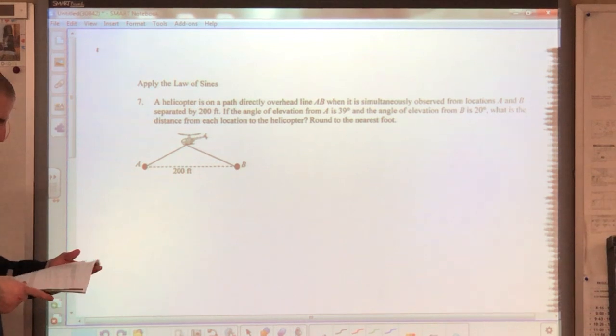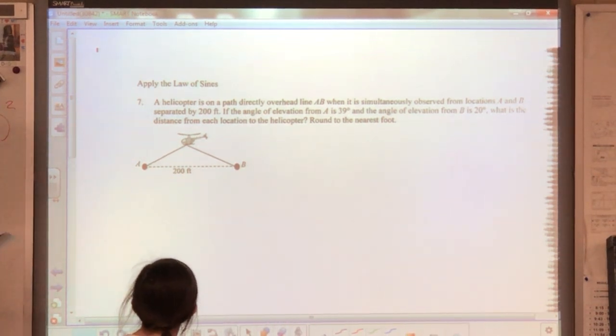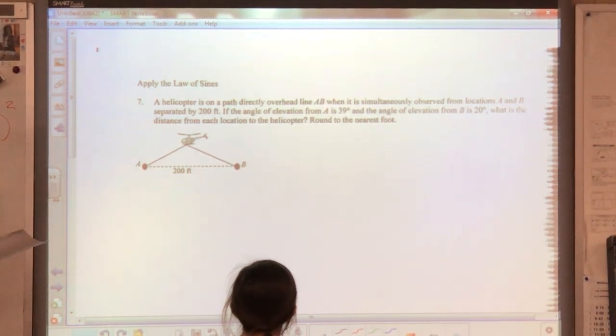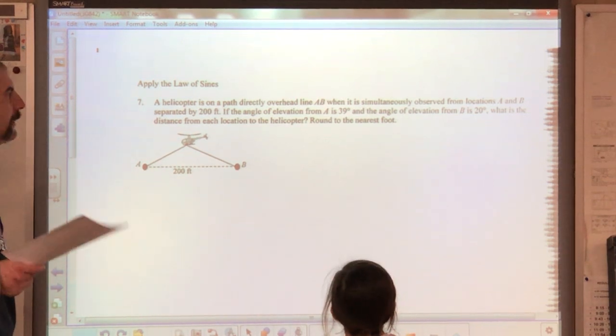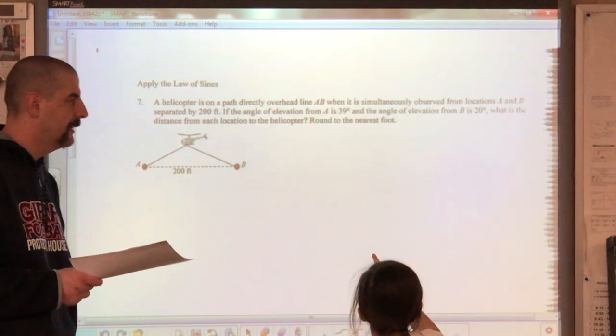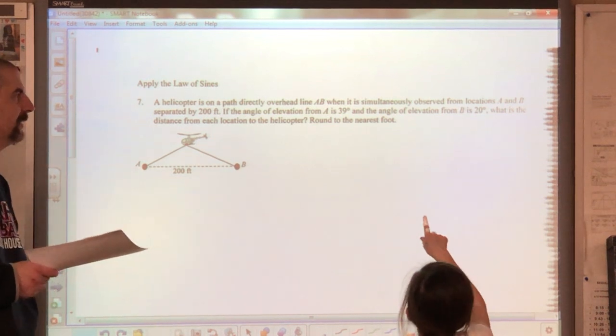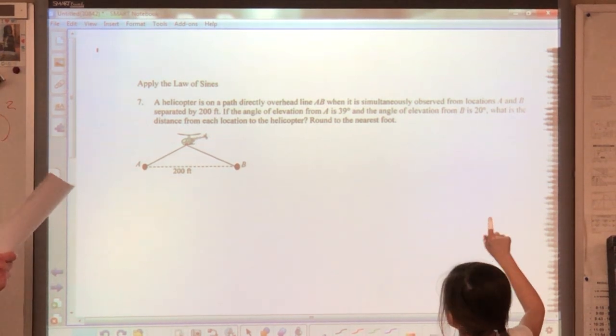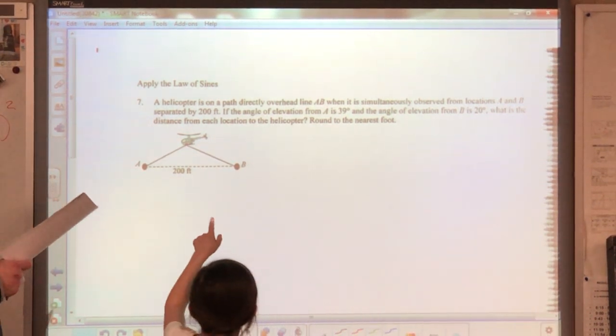Now, here's some application problems. Go ahead, Nate. A helicopter is on a path directly overhead line AB when it is simultaneously observed from locations A and B separated by 200 feet.